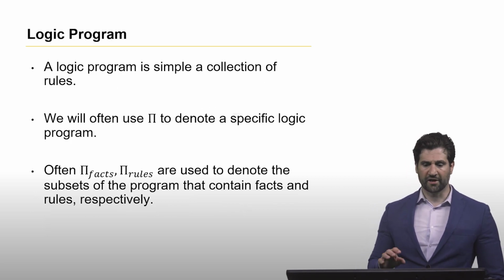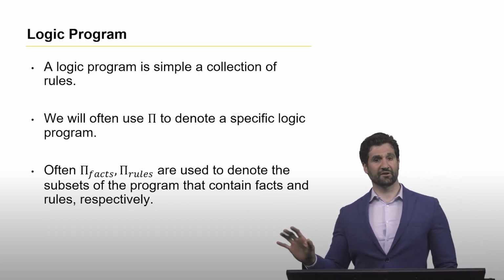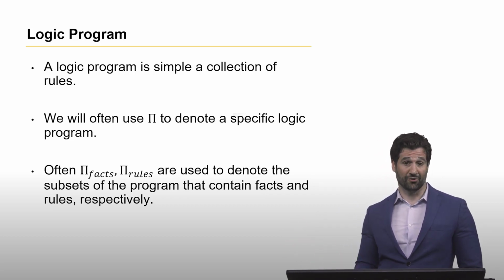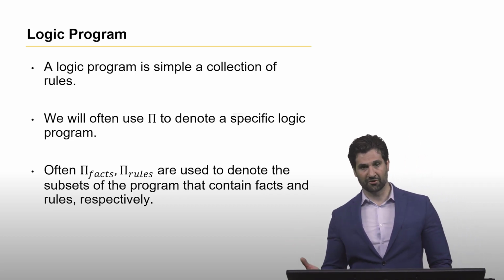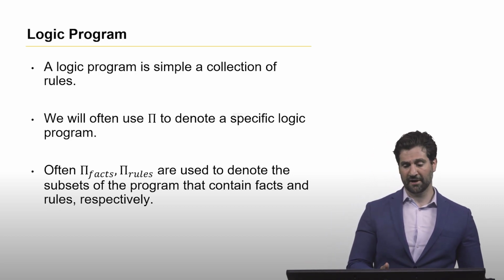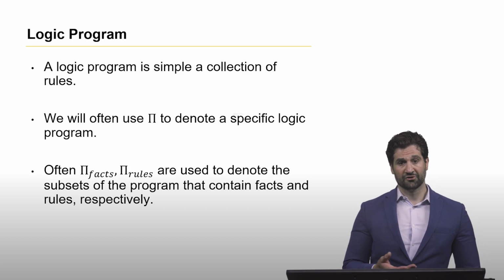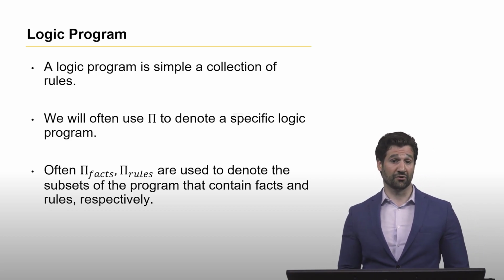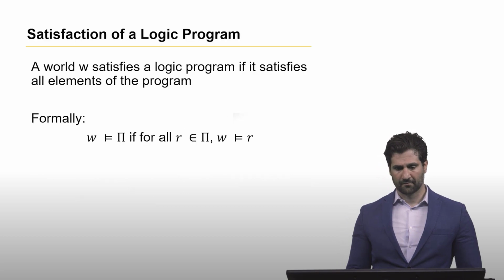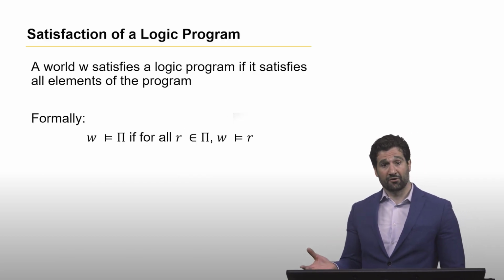Okay, so a logic program, really easy to define. It's just a simple set of those rules. And we often use the symbol capital Pi to denote a logic program, and you'll see things like pi facts and pi rules to denote the set of facts and rules that make up the program. Okay, so how is a logic program satisfied?